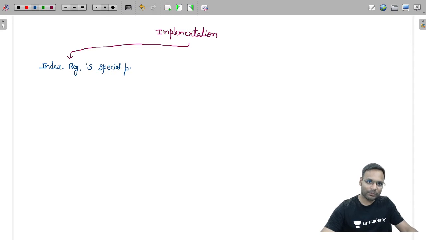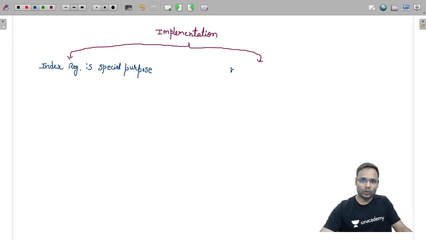We have a special purpose register, the index register. The second implementation is where there is no special purpose index register.